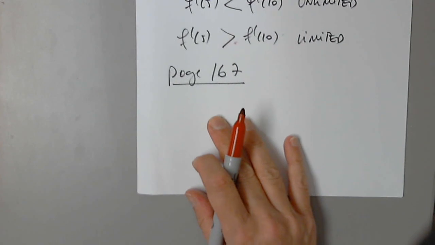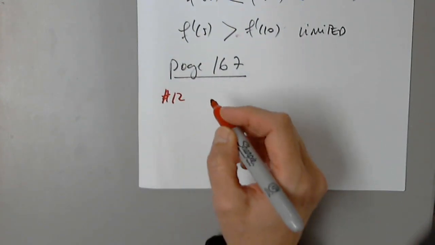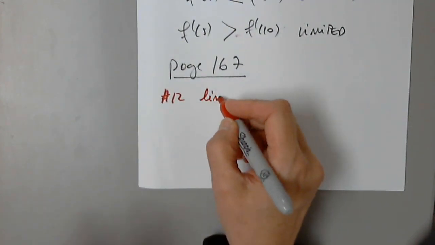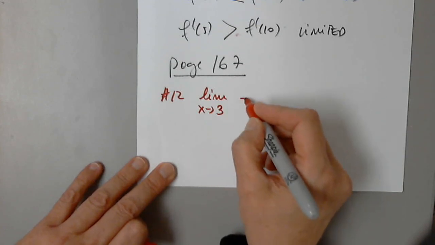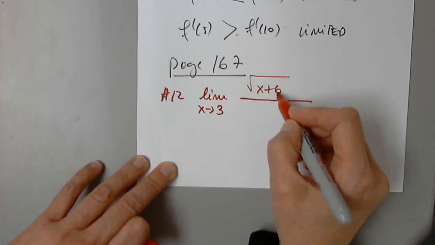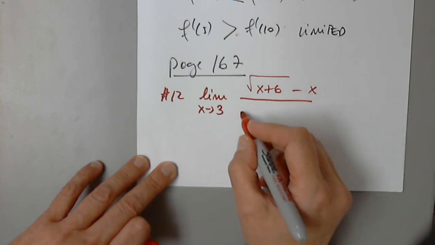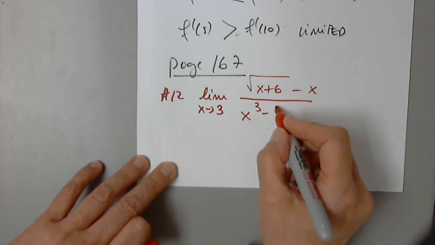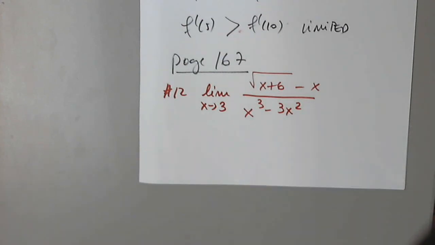So here's an example, problem 12. Limit as x approaches 3 of the square root of x plus 6 minus x over x cubed minus 3x squared. I copy problem 12.